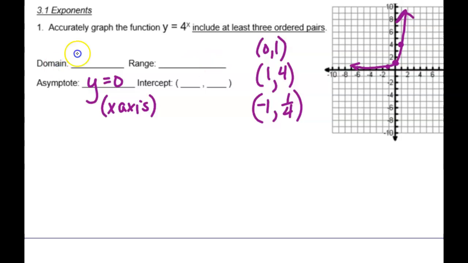Left to right, what's happening? Yep, left to right, we're good. What about bottom to top, though? Yeah, 0 and up, okay? Can't hit the x-axis. And the intercept, it only had 1, and it was at 0, 1. Everybody good? Let me get that one right. All right.